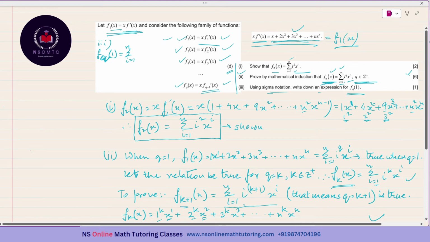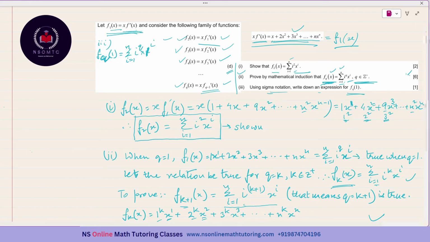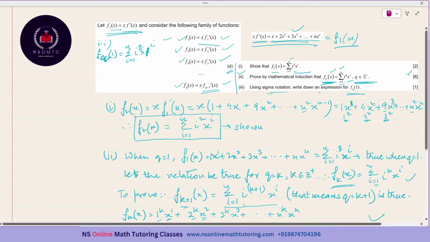So, i to the power of q and 1 to the power of i. Okay. So, this will be equal to, for the first case, i's value is 1.